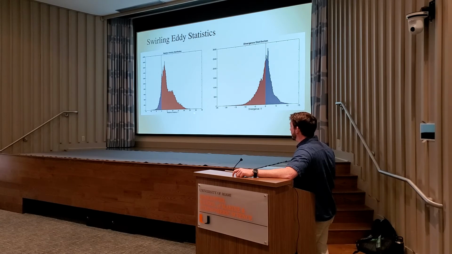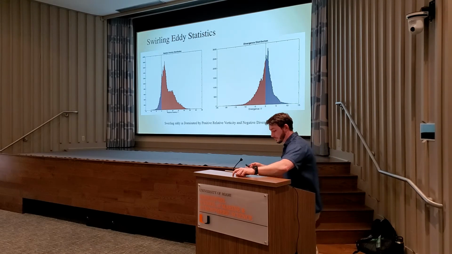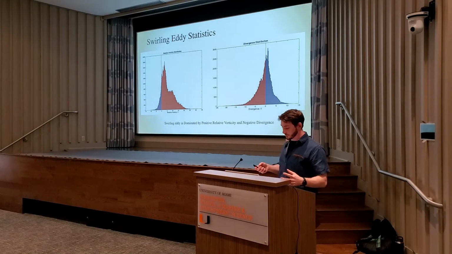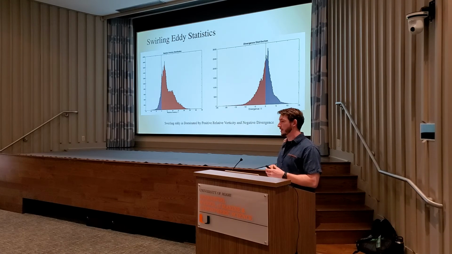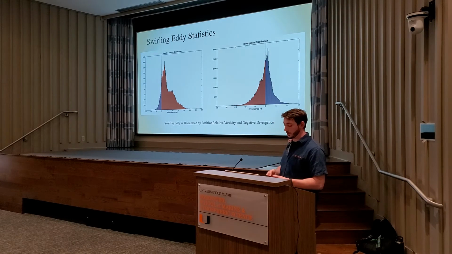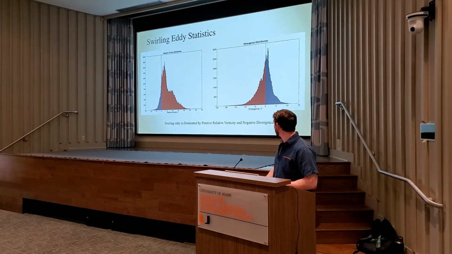We're just normalizing by the planetary vorticity there. So we can see it's dominated by positive relative vorticity and negative divergence, which is really what we're looking for in submesoscale structures. We want to find where surface waters are being subducted into interior waters, or where there's the collection of buoyant particles being captured.